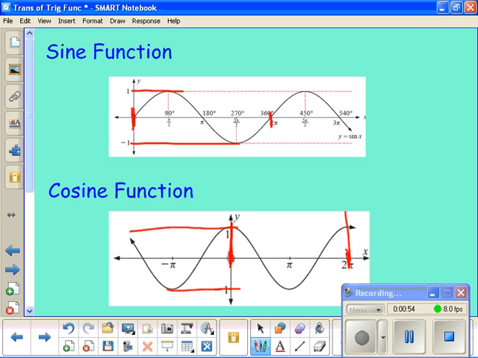From maximum to maximum or principal axis to principal axis, it takes 2 pi to repeat. The amplitude is 1, meaning it goes 1 unit above and 1 unit below the principal axis.